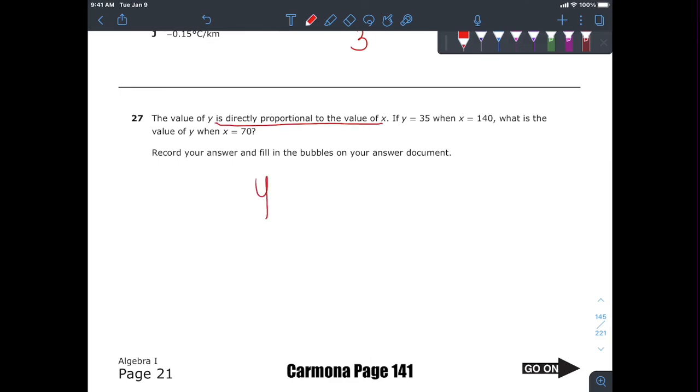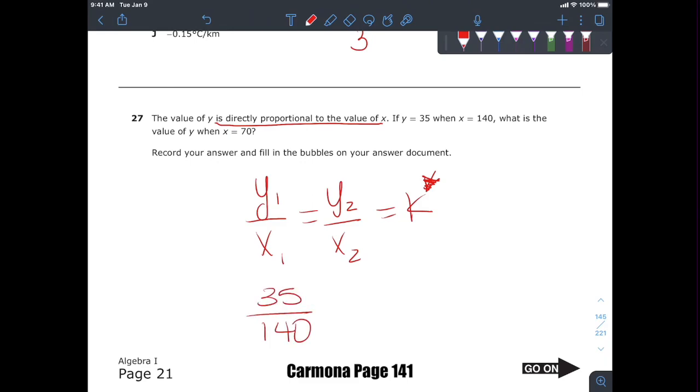The value of y is directly proportional to the value of x. As soon as I hear that, this is my first thought. I can set up a proportion, and I can also calculate this constant of variation. So if y is 35 when x is 140, what is the value of y when x is 70?